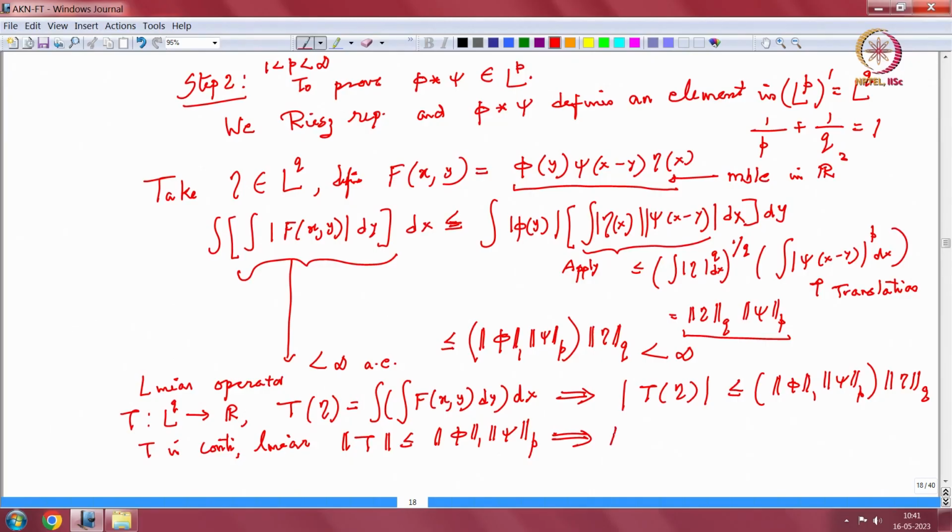So, Riesz representation theorem. Okay. Riesz representation theorem implies the existence of this, phi star of psi is in LP, and norm of phi star psi in LP is less than or equal to norm phi at 1 plus norm psi at P. So, that is all some elementary functional analysis and application.